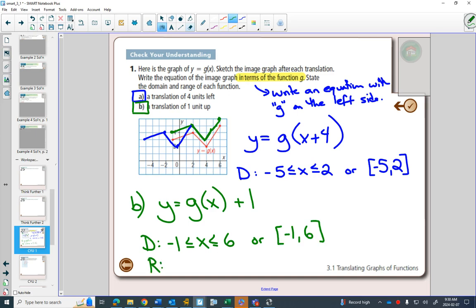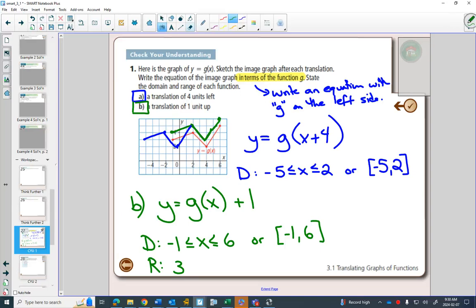And for my range, my smallest y value is 3. Oh, I didn't even... See, I told you, sometimes you get excited about moving on. Did you see in the blue part A, I didn't do the range? I got so excited about moving on. Okay, I'll do it at the end. We'll finish the one that we're on.